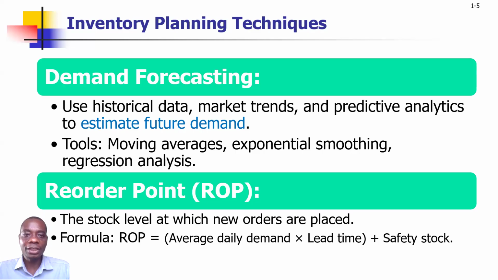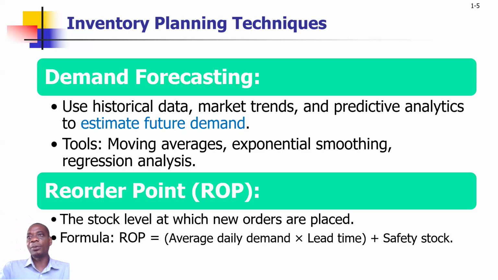So if you don't forecast and you produce too much and they don't buy, they can expire. Or in other words, if you do not provide adequate funding for goods to be bought so that you can produce and satisfy demand in future, you can have a stock out, and your customers will leave you for another supplier. So basically, we need to make sure we forecast demand properly.